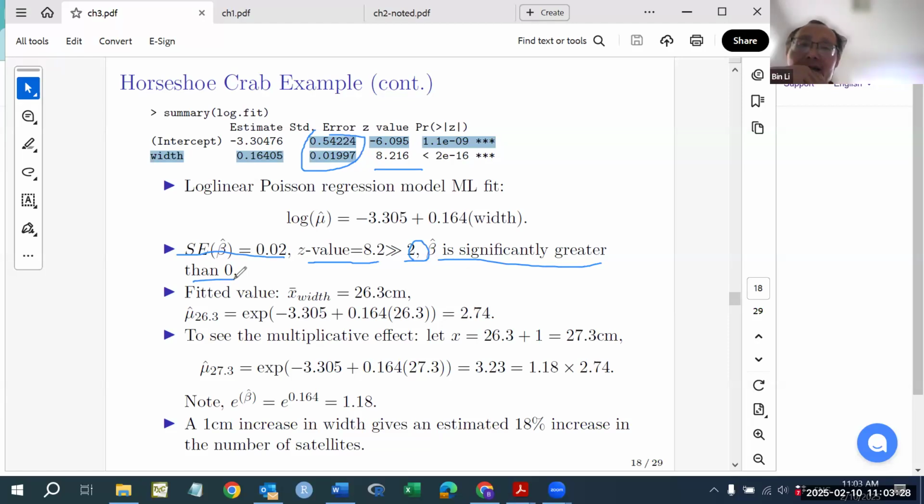The data strongly support that when the width is increasing, the number of satellites is significantly increasing.